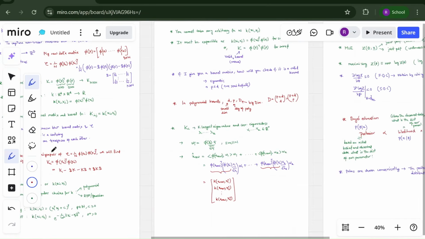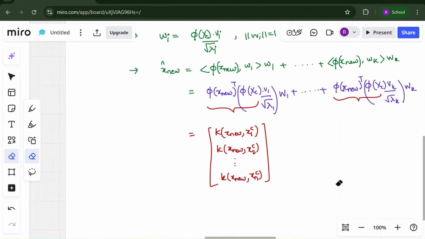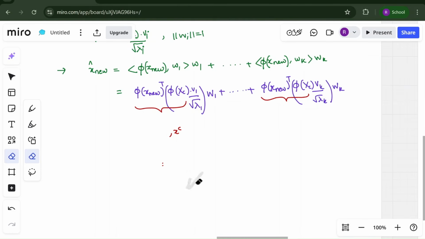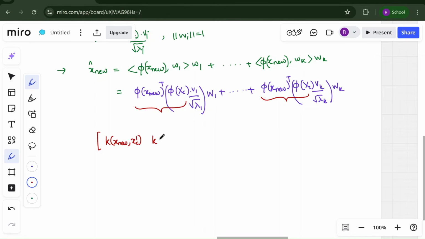Just a second. There is a small error here. This should be a row matrix. Whatever you obtain, I just wrote it differently. So this should be like this: k of x_new comma x_c1, k of x_new comma x_c2, and so on, up to k of x_new comma x_c.